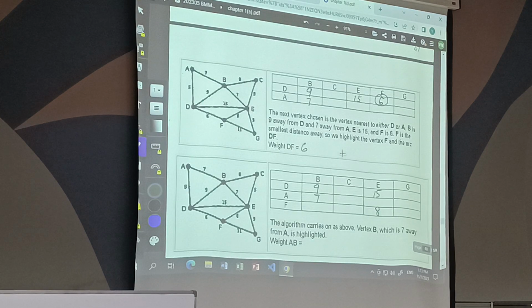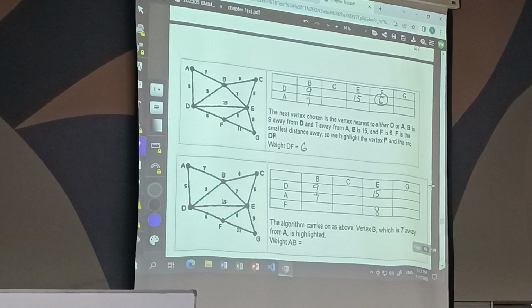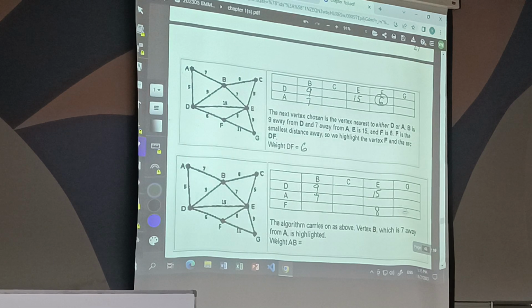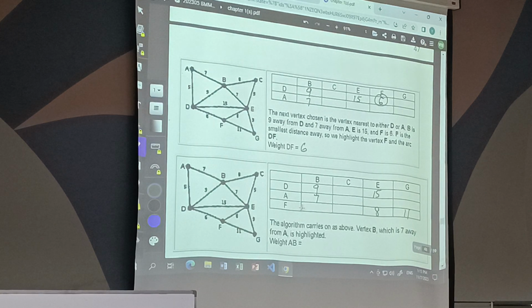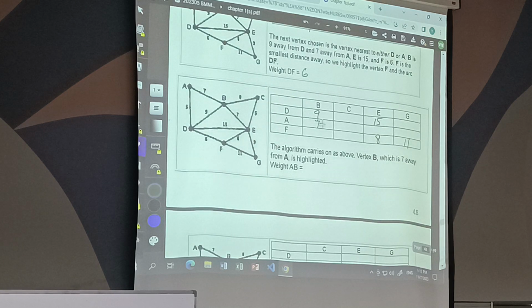So here F to E is 8. Any others? F to G, right? F to G is 11. Any more? No more. Okay. Which one is minimum here? AB is the minimum. So we have 7.